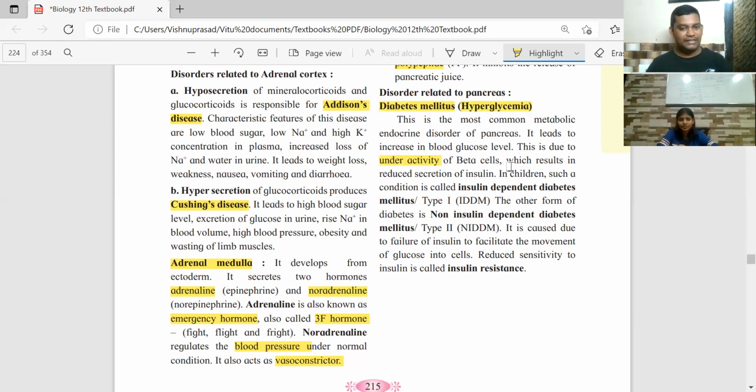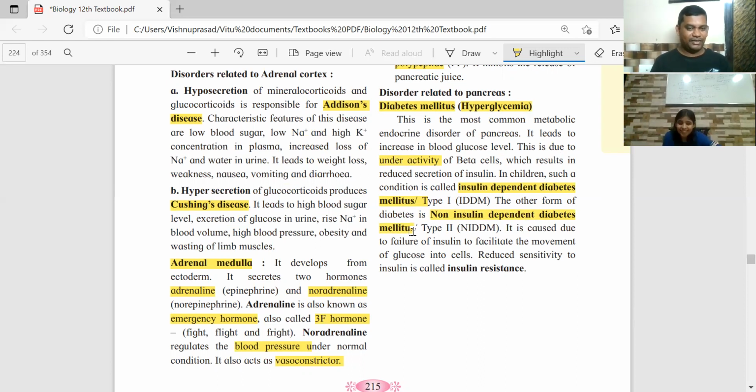Now in children there is a condition called type 1 diabetes. Type 1 is insulin dependent diabetes mellitus, IDDM. And the other form is non-insulin dependent diabetes mellitus, which is type 2.